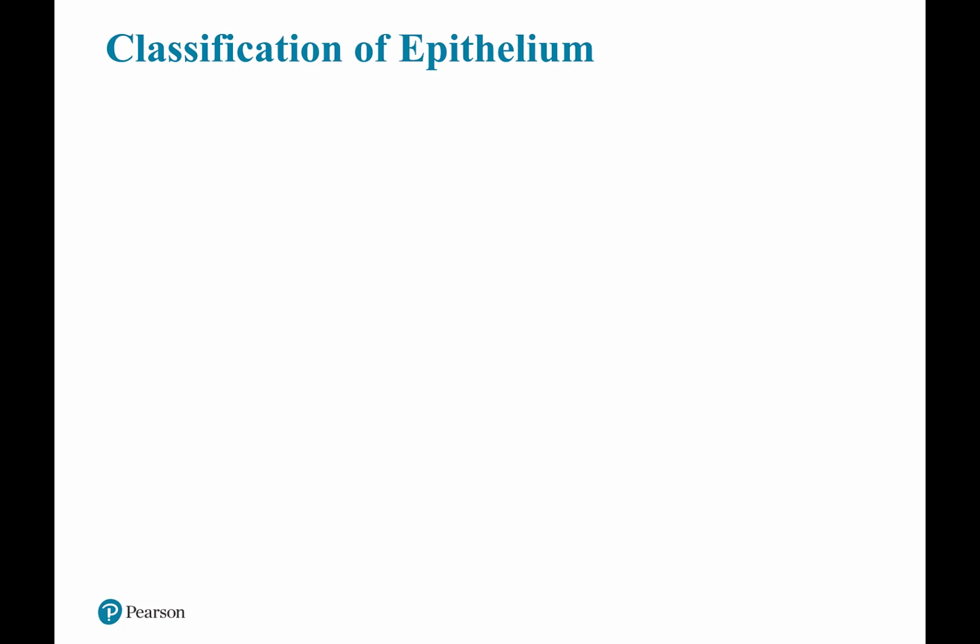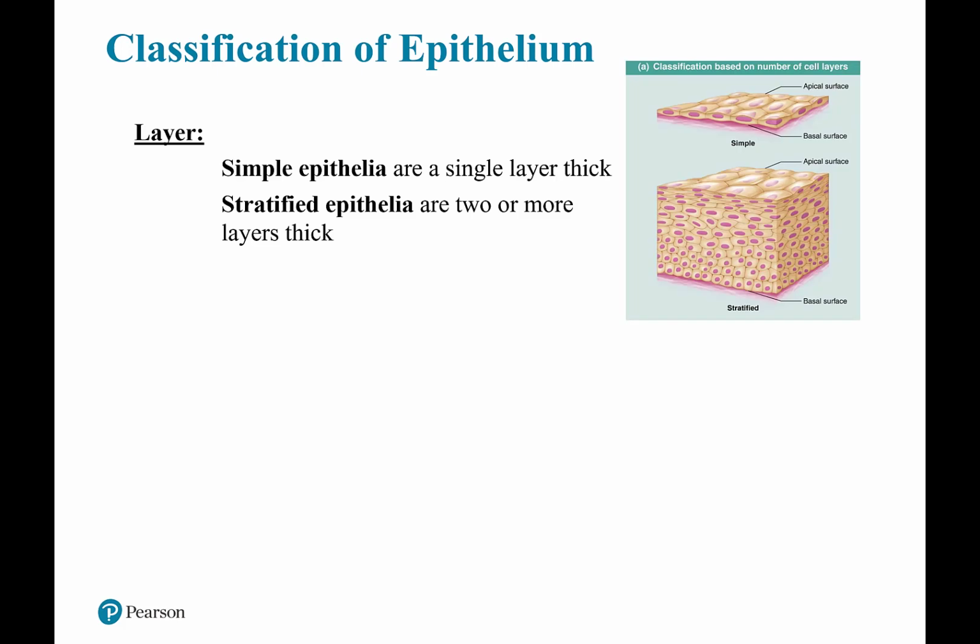Anyways, to identify tissues, we are going to use two characteristics of epithelium, which are the layers and shapes. In terms of layers, epithelial tissues can either have one layer or many layers. One layer refers to this term called simple.